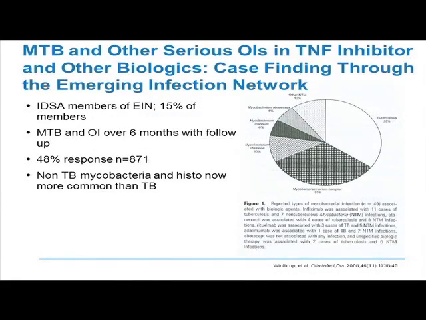This next slide, this pie graph, again by Kevin Winthrop, tells us 2 things. This is looking at using an ID network for rare diseases to track opportunistic infections in patients on biologics. And as I said, 2 things it tells us. One, TB doesn't occur very much these days because we're so good at screening and watching out for it, and in the United States, we're a low-incidence area.